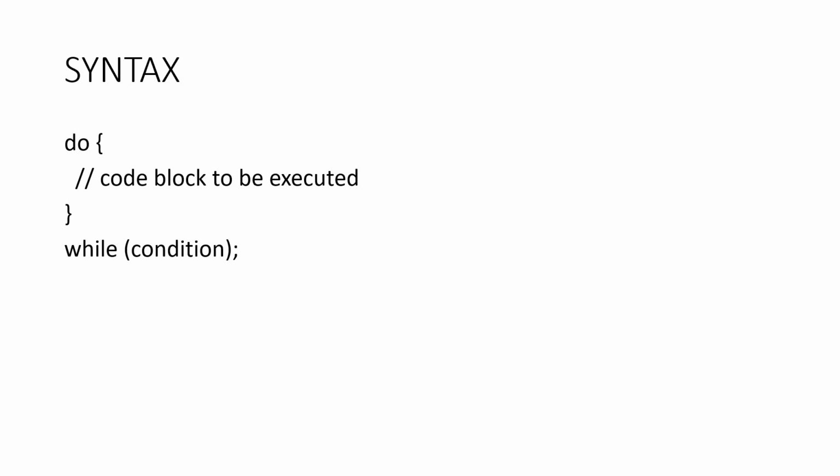This is the syntax. Do, the code block. Finally, we are giving the condition, while condition. In the while loop, we are giving while condition, then the code block. So since the condition is given at the end, here the block of code must be executed at least once.